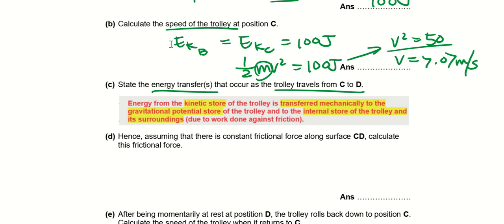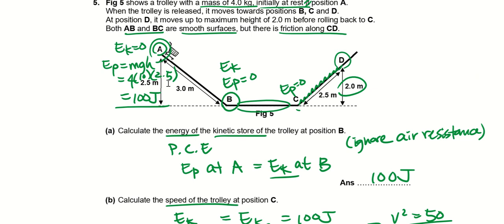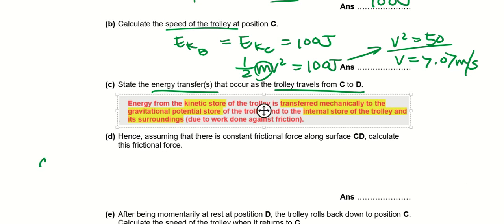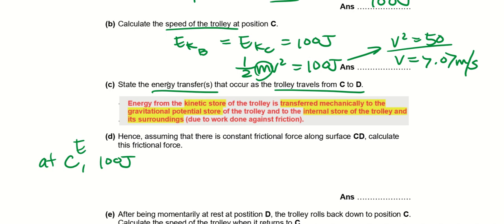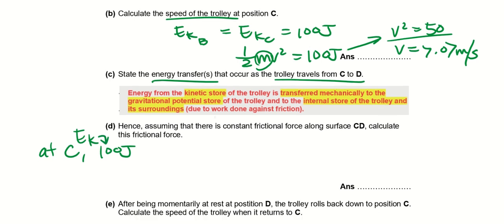Okay, so now let's calculate D. Hence, assuming that there's constant frictional force along surface CD, calculate this frictional force. So this is a little bit complicated because at C, the amount of energy that it has is 100 joules. This is actually in the EK, kinetic store of C, right?